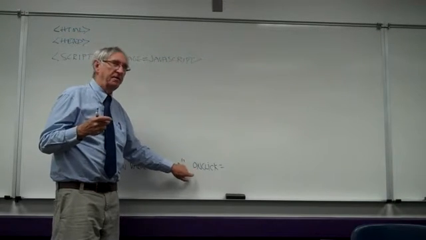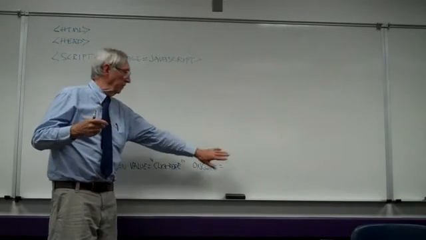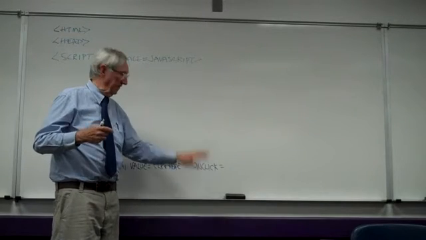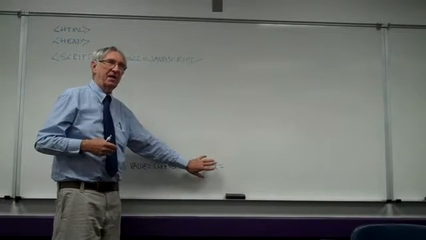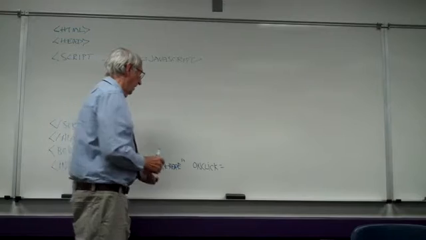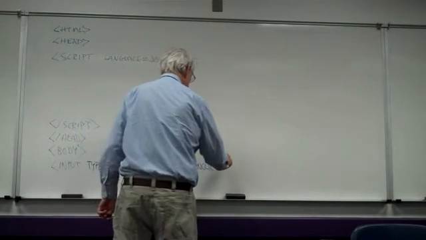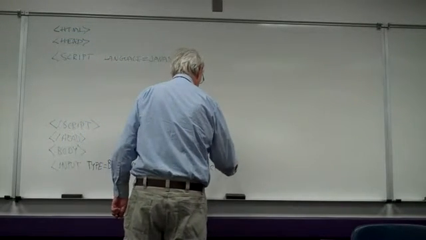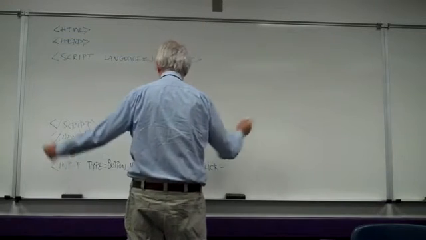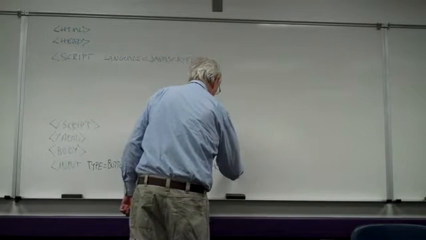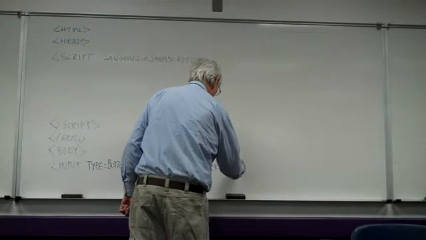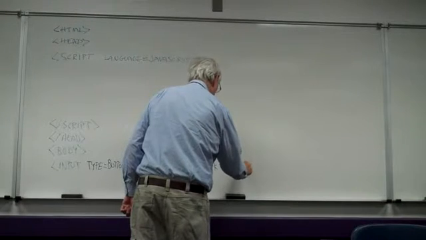When they press the button, on click will send it to do whatever you want it to do. Okay, this is the first time we've had anything like this. This is actually an active kind of thing. On click, go to, I'm going to say quote, let's call it first.